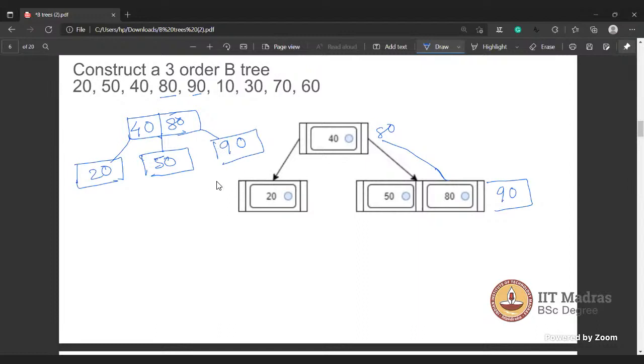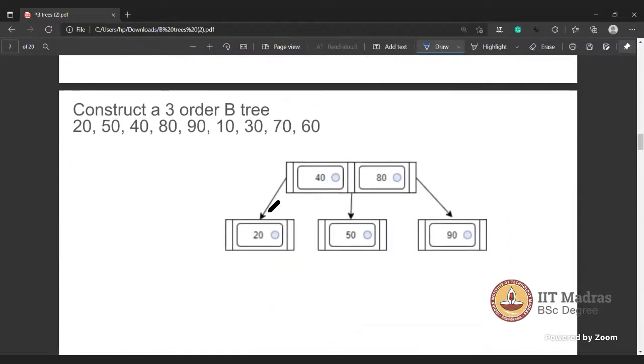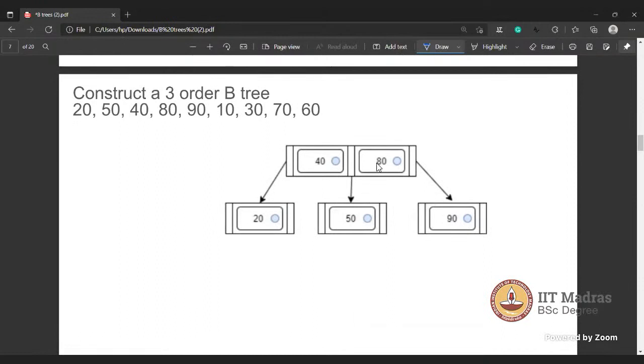Everyone got it, right? Yes, sir. So we get this tree after the split.